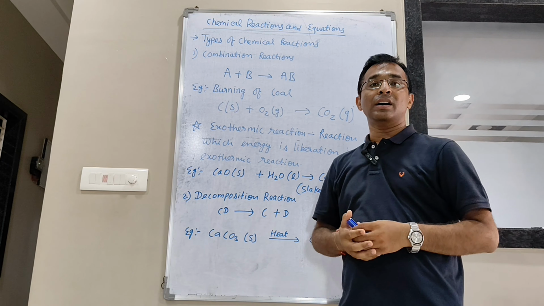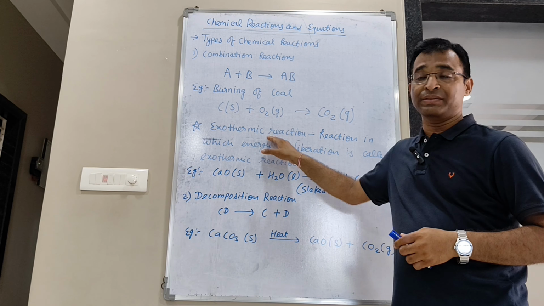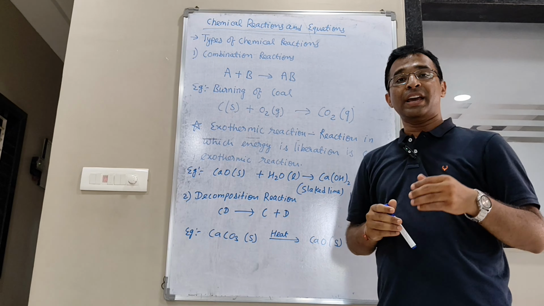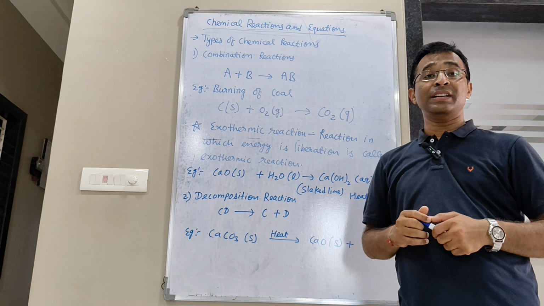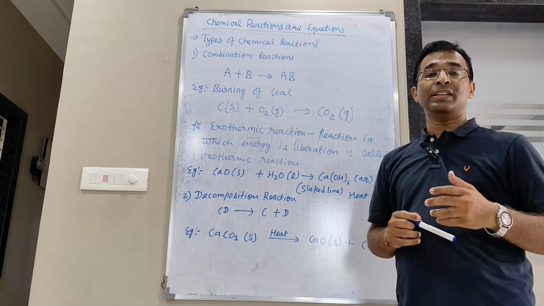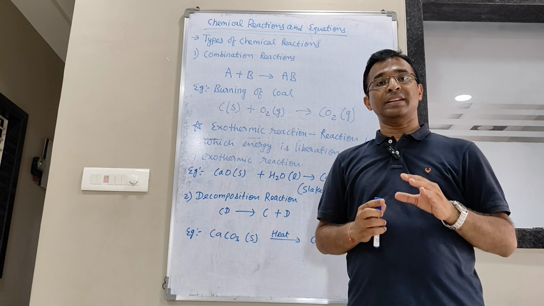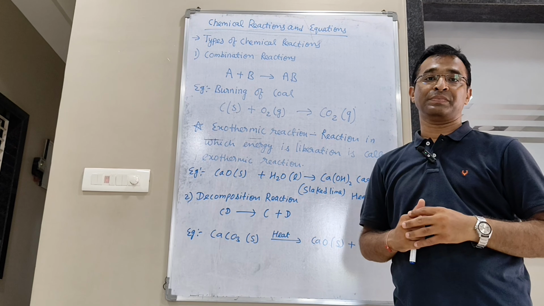Next, another very important reaction, which is the exothermic reaction. Exothermic reactions are reactions in which energy is liberated. Now, energy is liberated, what does that mean? It means, in other words, that the temperature of the reaction is increased.